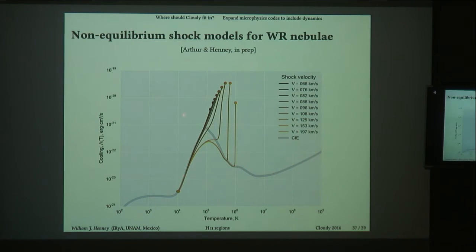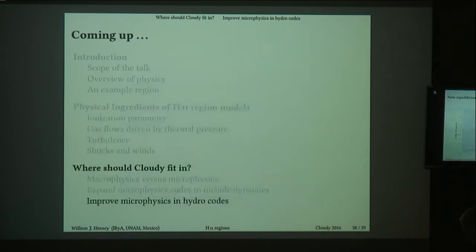And then these are the cooling rates as a function of time in these shock models. So you initially have an under-ionization, so enhanced cooling very fast, and then you have an out-of-equilibrium cooling where it's over-ionized.